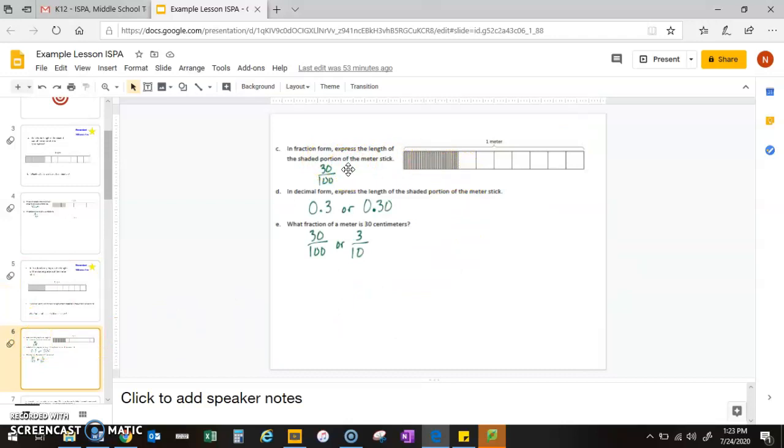So if we have 30 hundredths, and I told the students, when we were learning about fractions and we were learning about decimals, if you have an extra 0 on the top, you have an extra 0 on the bottom, you can knock those guys out. So I would take a yellow marker, cross out your 0 on the top, cross out your 0 on the bottom. We have 3/10. And then since we had already learned about the tens place and the hundredths place, we go back and we represent this as 0.3.